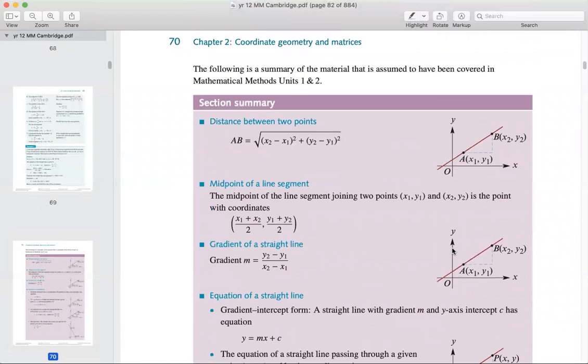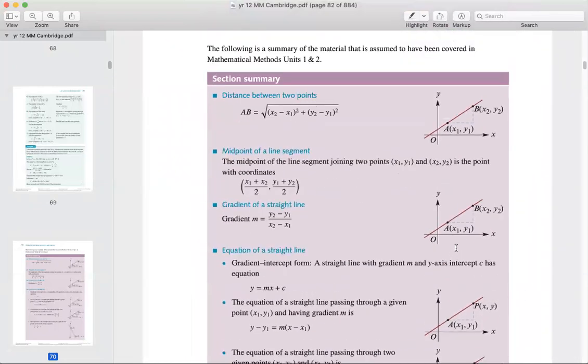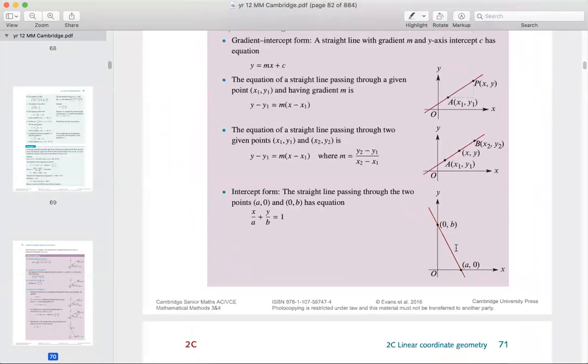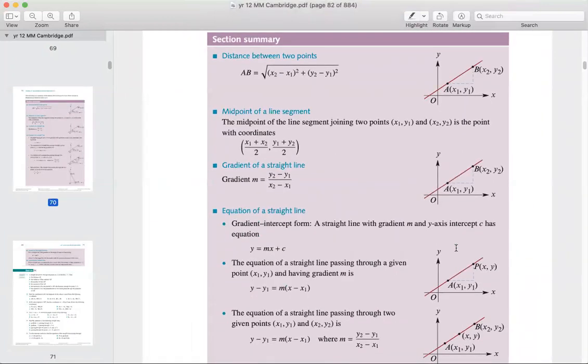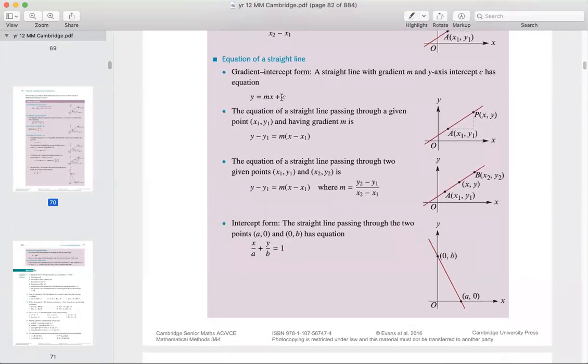So this page 70, sorry, they gave us everything we need. Okay, distance between 2 points, middle point of the line segment, gradient of a straight line, equation of a straight line. Four different types: gradient intercept form, equation of a straight line passing through a given point, equation of a straight line passing through two given points, intercept form.